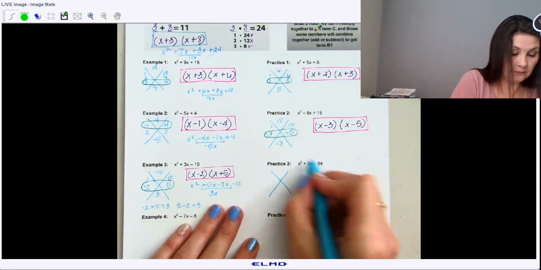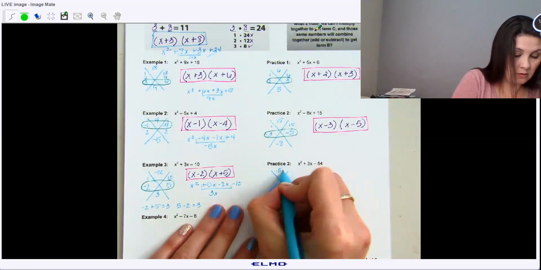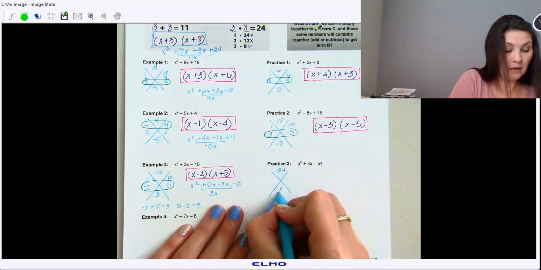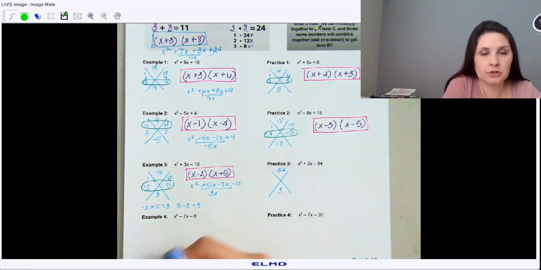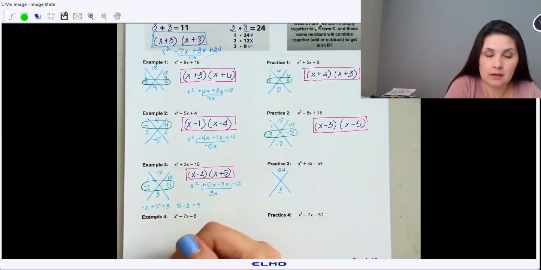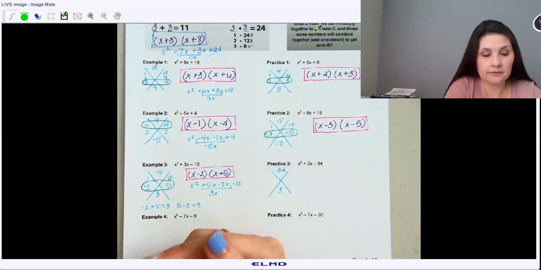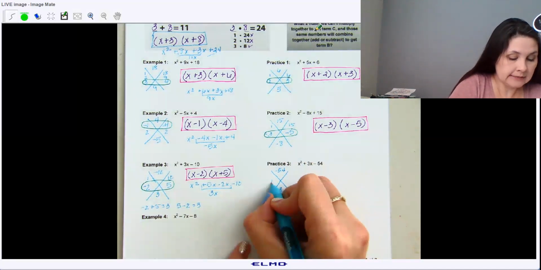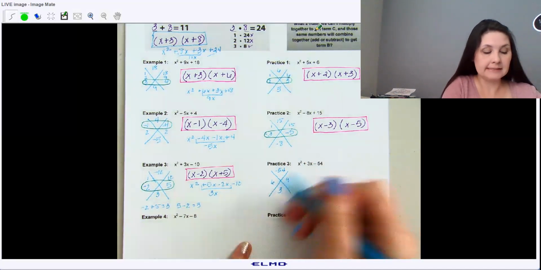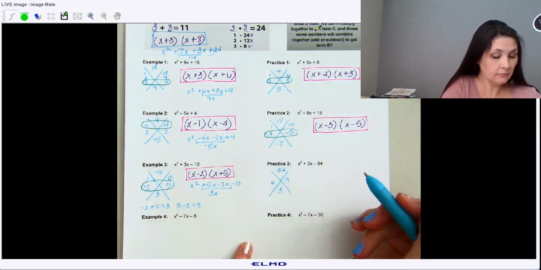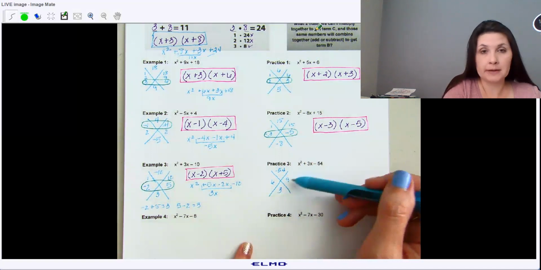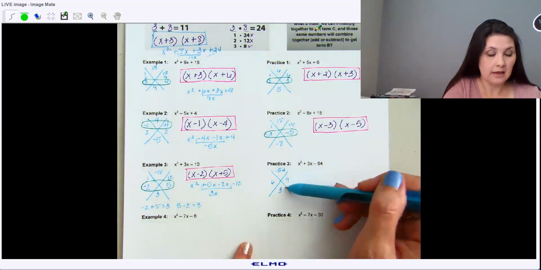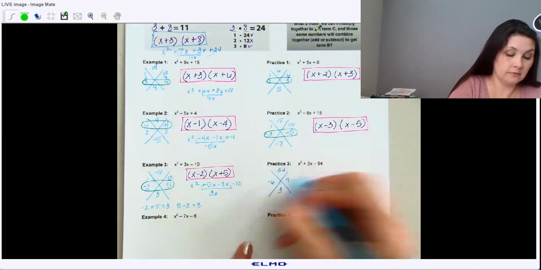Okay, -54 times 1 is a -54, and then 3. I can look at this -54 and I already know what terms are going to total 3. If you don't, you just have to list the factors, but I know it's going to be 6 and 9 because 9 minus 6 is 3. And in this case, since 3 is positive, that means my larger number has to be positive and my smaller number will have to be negative.